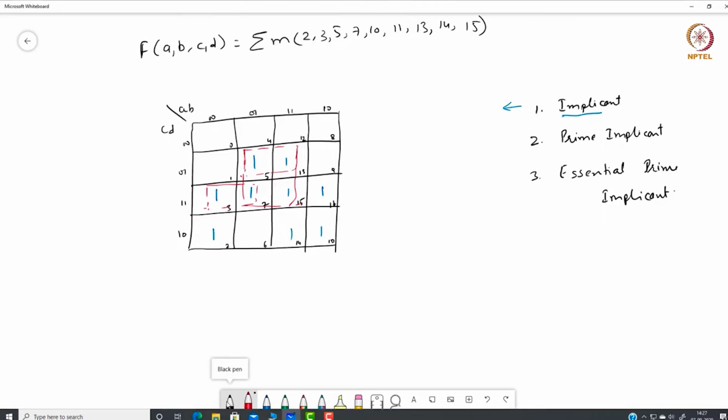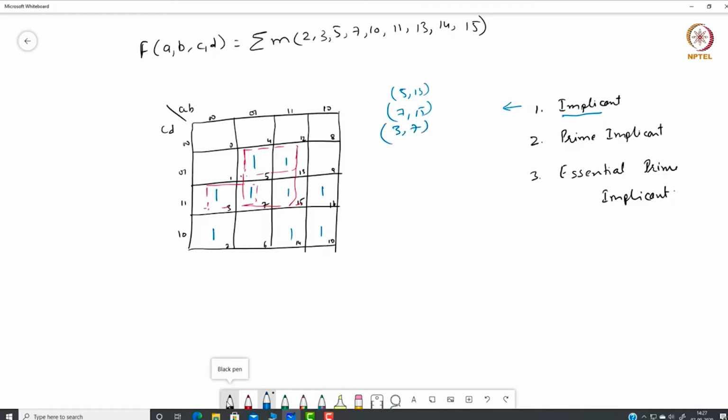If I try to enumerate the implicants, there could be many. Of course, all of these min terms are implicants, but the group of 5 and 13 is an implicant. 7 and 15 is also an implicant. 3 and 7 is also an implicant.